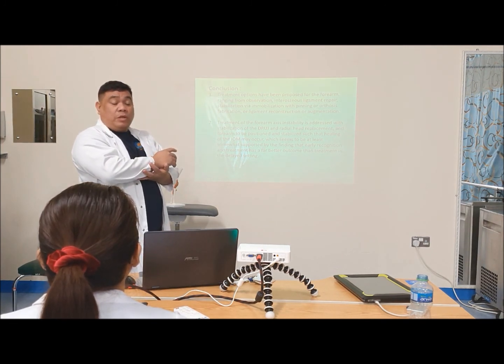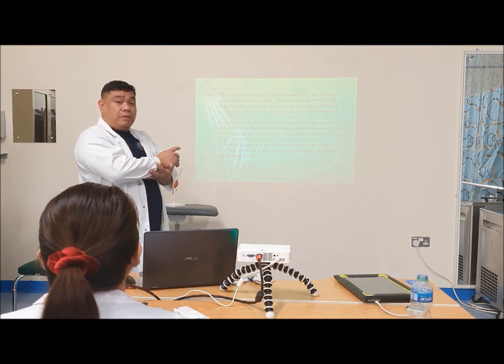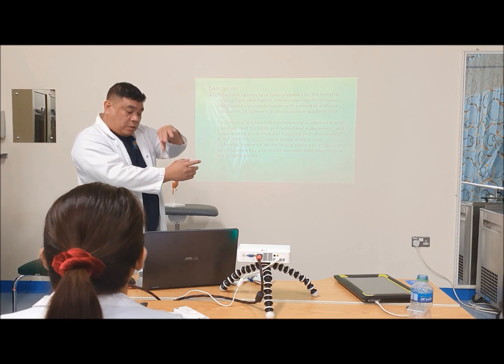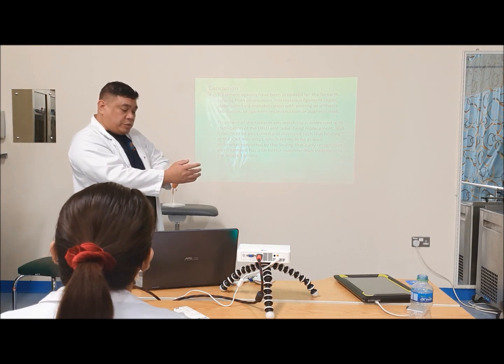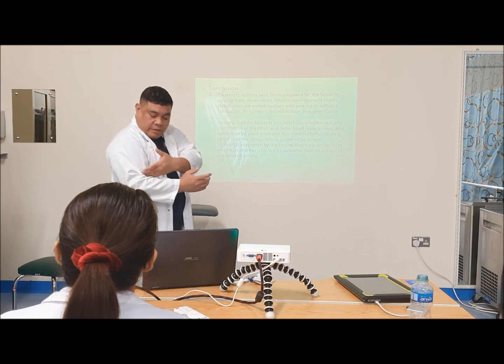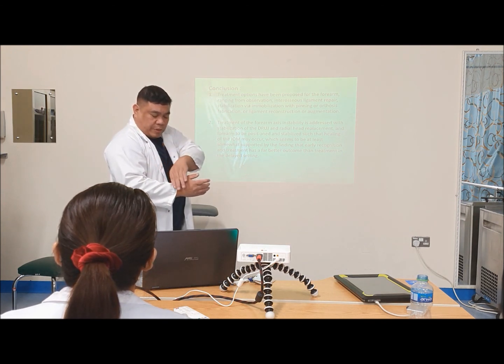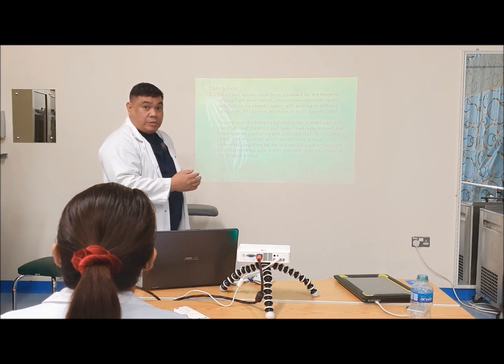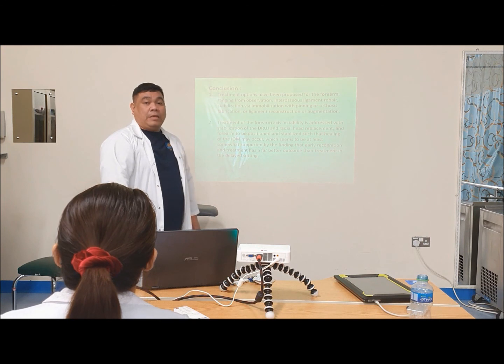The splint is called the sugar tong splint, and you have to position your wrist in neutral, and the pronation and supination also in neutral. So it is positioned like this: 90 degrees at the elbow, pronation supination neutral, and the wrist neutral, to prevent pronation and supination and establish the stability for healing.